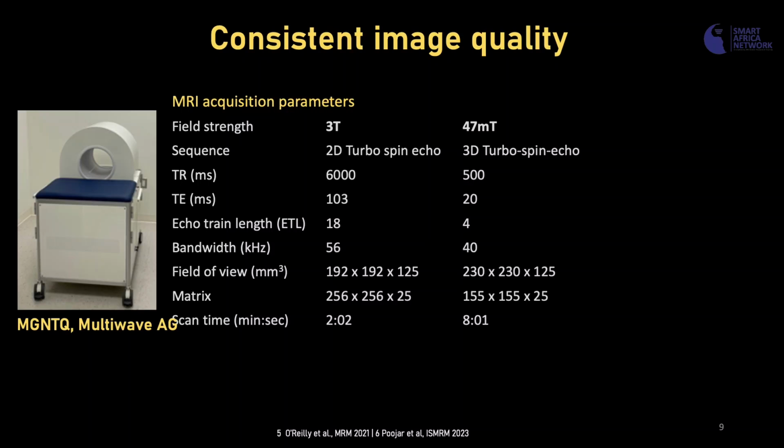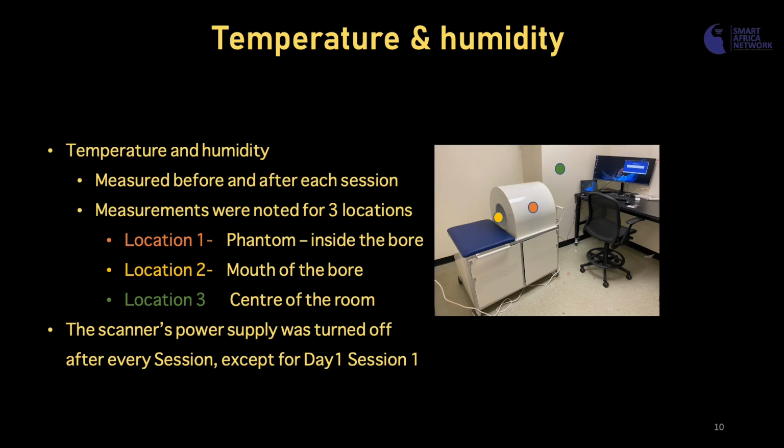Here are the imaging parameters. We did have a control acquisition at 3T with a 2D turbo spin echo, and you can see the differences in time and resolution between the two at the bottom two rows. We measured a bunch of parameters.